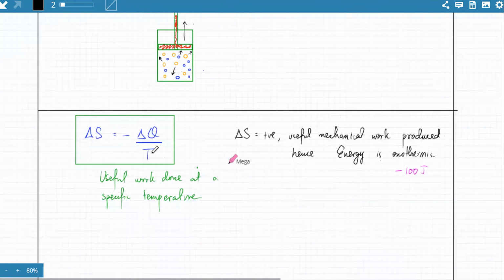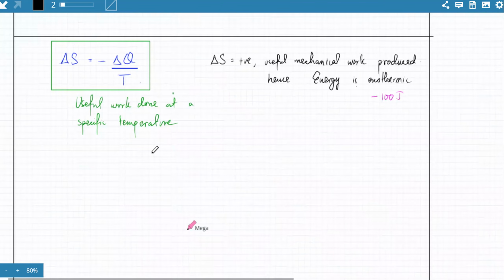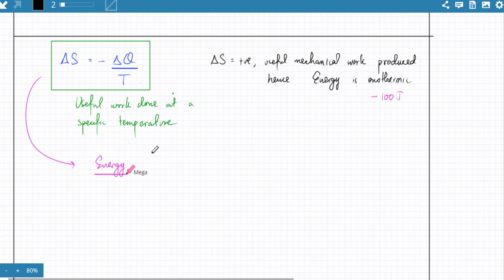Entropy is kind of the ratio of energy over temperature. That's another way to look at it: how much useful energy is being produced at a specific temperature.